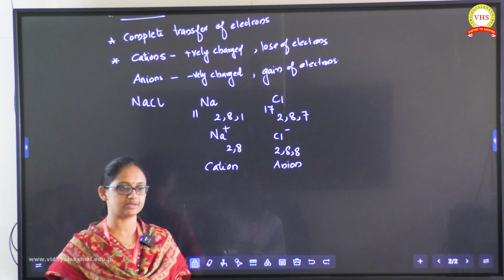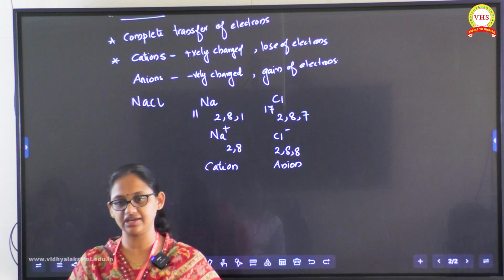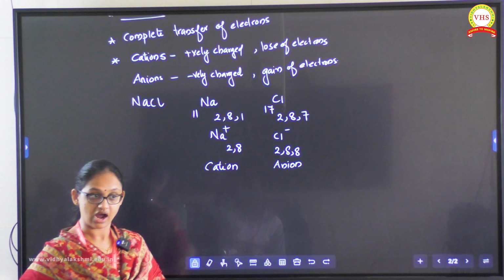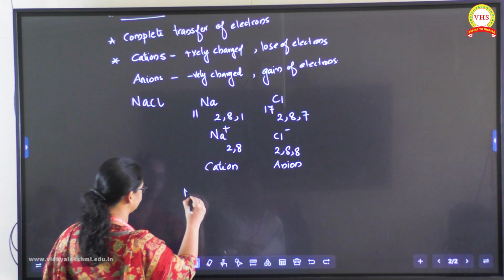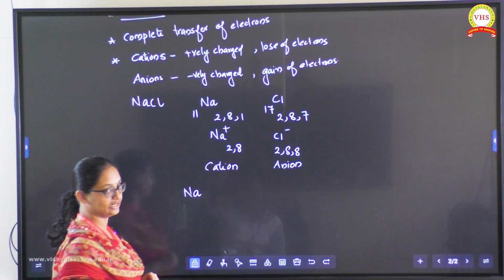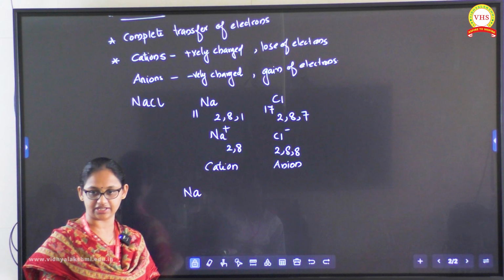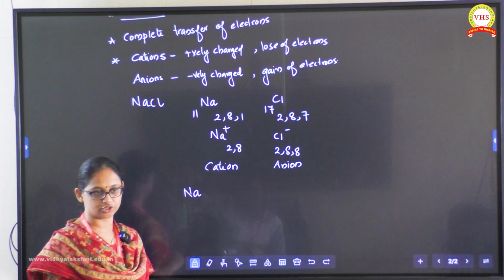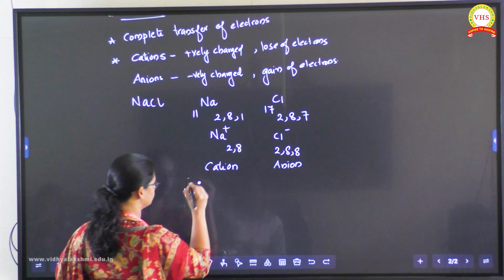In the electron dot symbol or Lewis symbol, we use the outermost valence electrons only. Sodium atomic number is 11, you know that. How many electrons are there in the outermost shell of sodium? 1 electron is present.